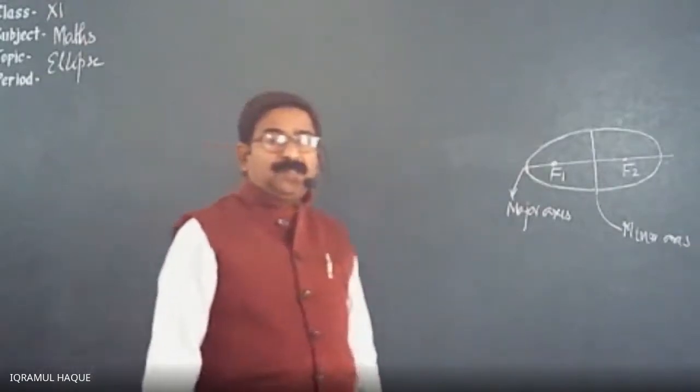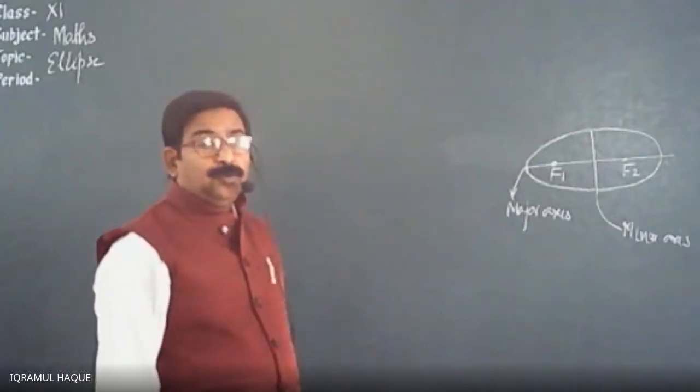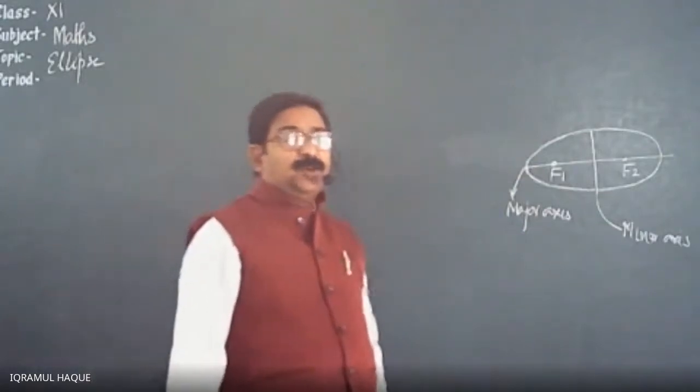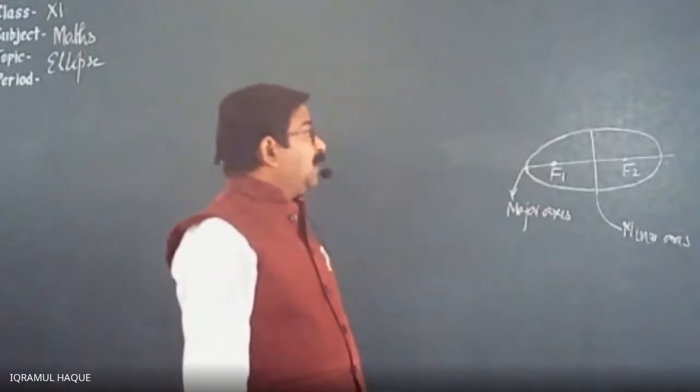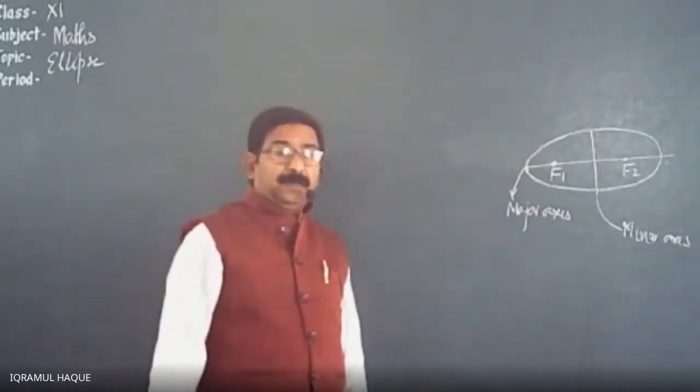So what is the definition? The set of all points in a plane whose sum of distances from two fixed points is constant, and these two fixed points are called the foci of the ellipse.